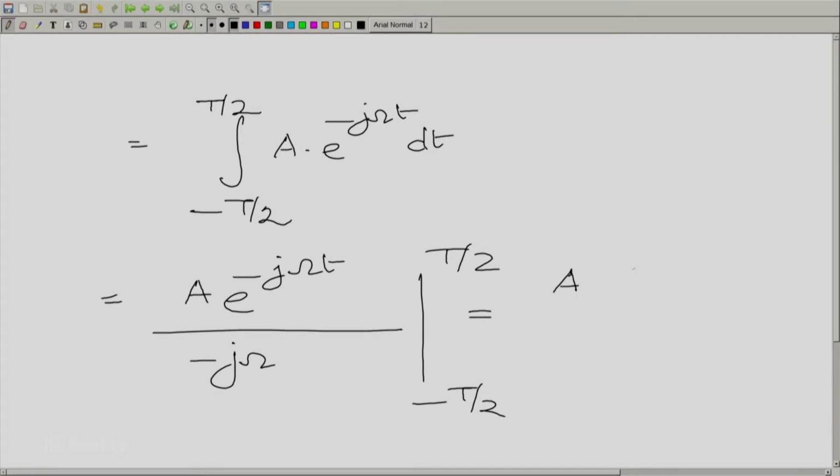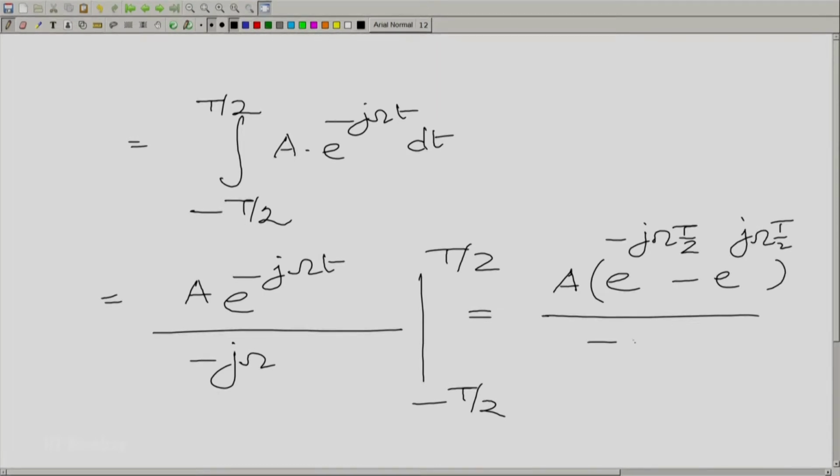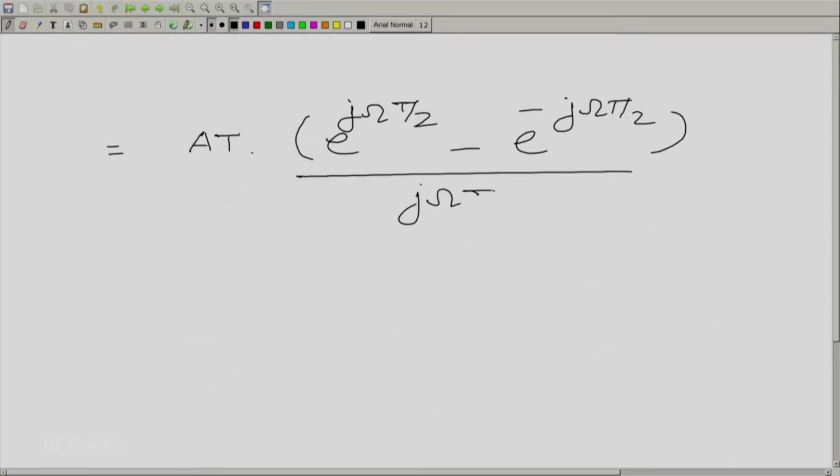So, you have a times e raised to the power minus j omega T by 2 minus e raised to the power j omega T by 2, divided by minus j omega, and we could multiply and divide by T by 2. So, let us simplify this.